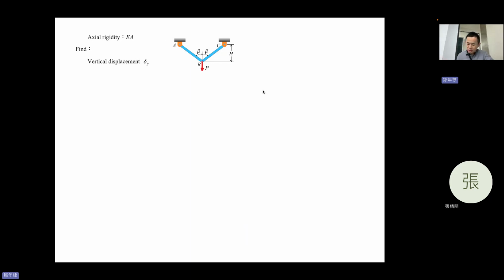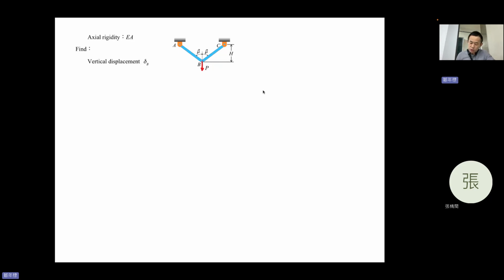And the axial rigidity is just EA, Young's modulus E and cross section A. Find the vertical displacement delta B. So we want to find the displacement of point B. We have two solutions, but before the solution, we need to write down the free body diagram because we want to see the internal force of the materials.